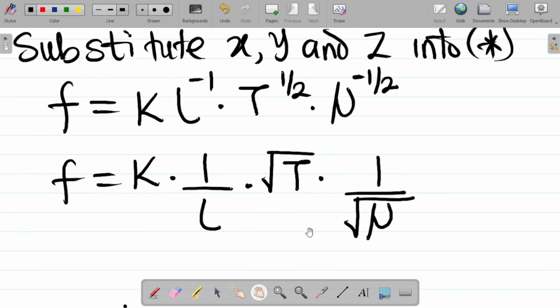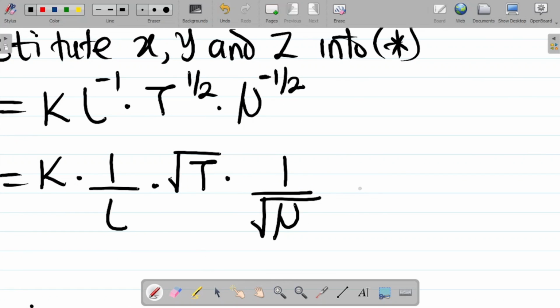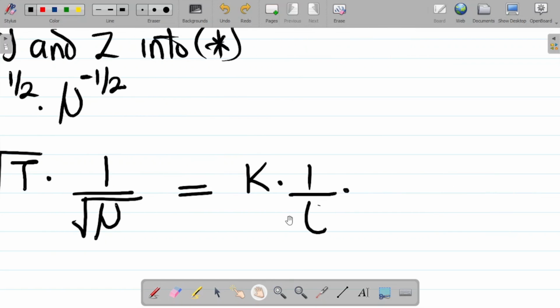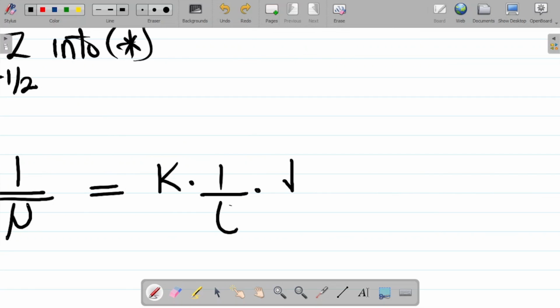Okay, multiplying this, what do we have there? This will be equal to k dot 1 over L, next thing I have this root t times 1, that's root t over root mu. That becomes root t all over root mass per unit length mu.